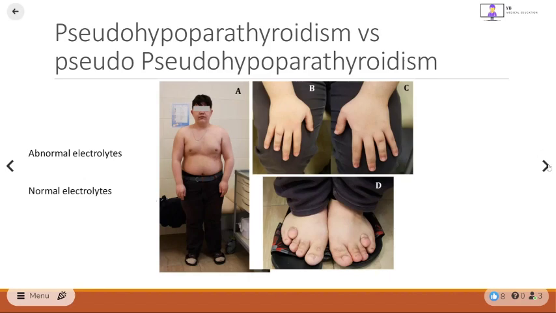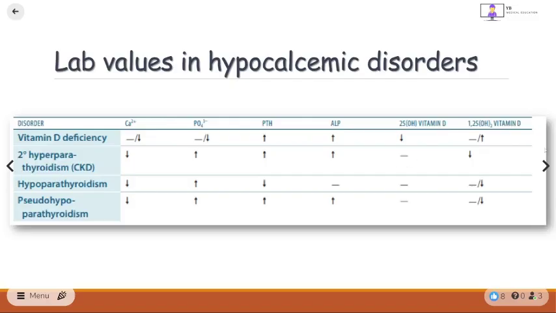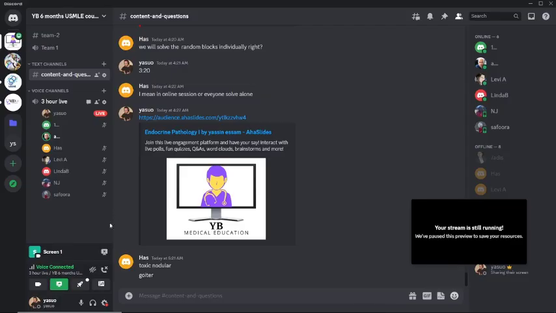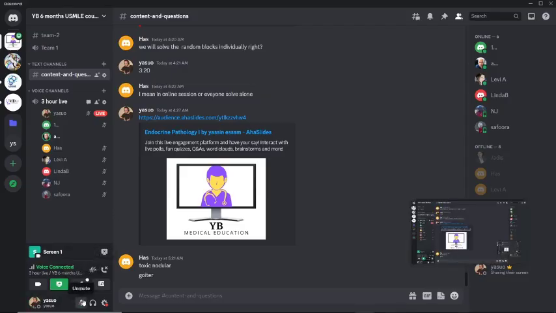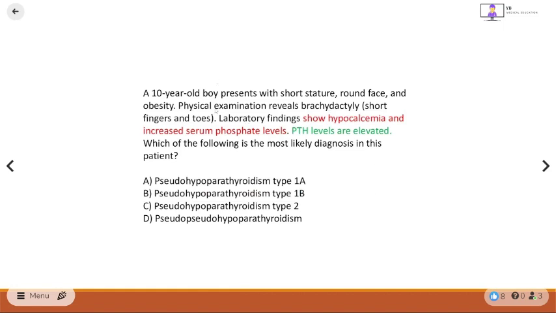Okay. So let's see these two cases here. A 10-year-old boy presents with short stature, round face, and obesity. Physical examination reveals brachydactyly. Laboratory findings show hypocalcemia and increased serum phosphate levels.